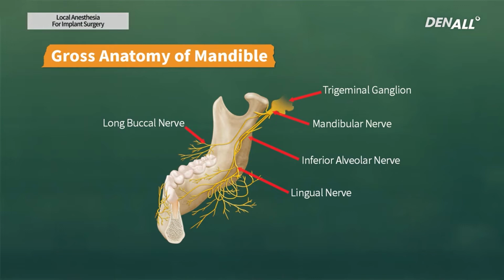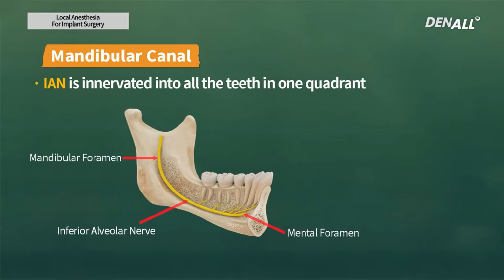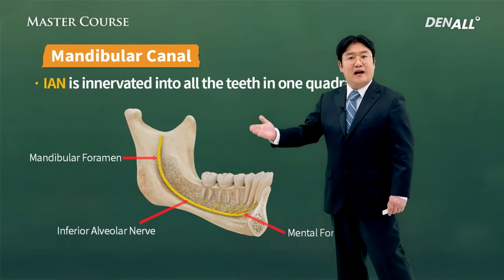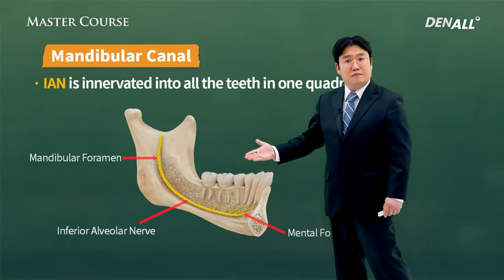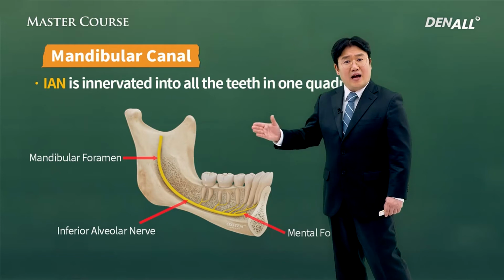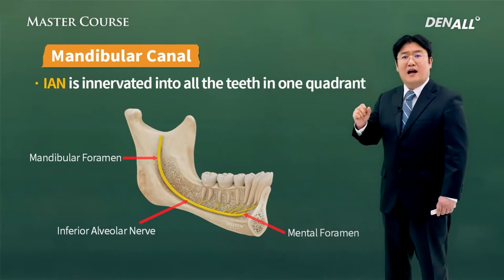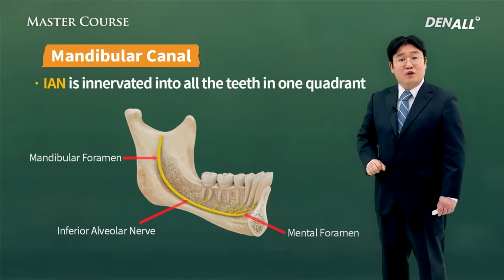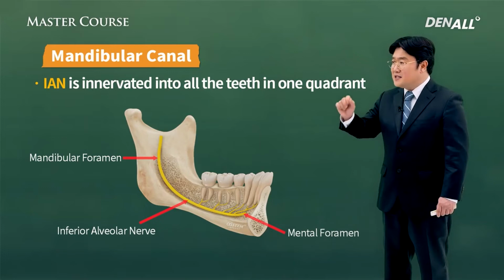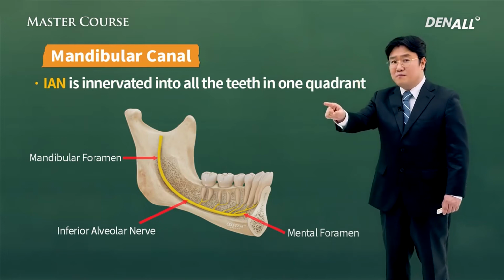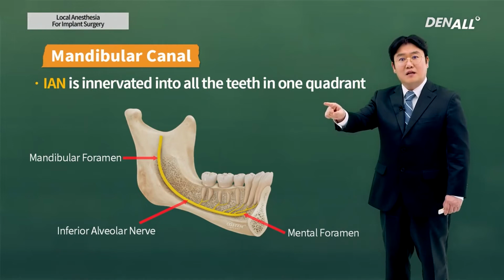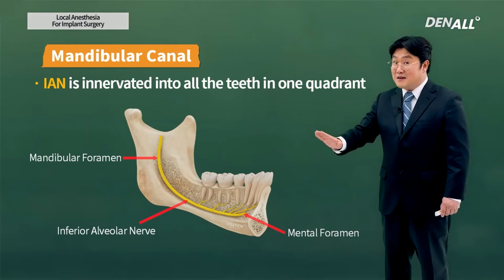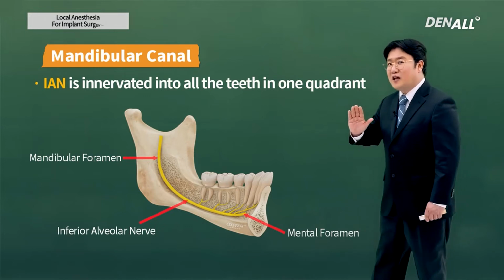The inferior alveolar nerve goes through the mandible and, as you can see, innervates all the teeth in the mandible. The mandible has very hard bone compared to the maxilla. Infiltration or supraperiosteal anesthesia would not work very well, but if we can block the inferior alveolar nerve, all the teeth can be under anesthesia. So the sensation of the site where implants will be placed can be completely blocked as well.